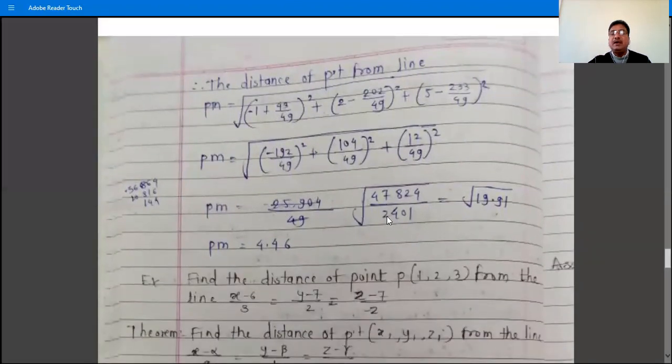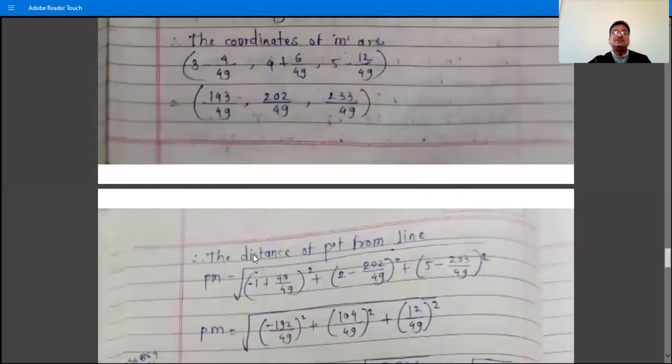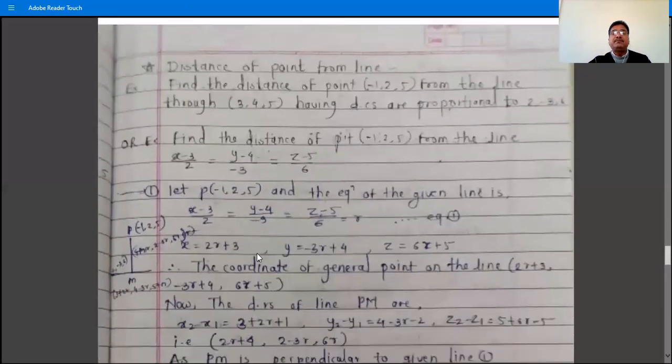After calculation we have the answer root 19.91, that is 4.46. So this is the distance of the point from the line.